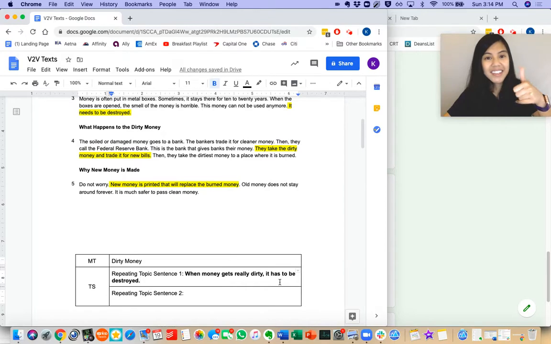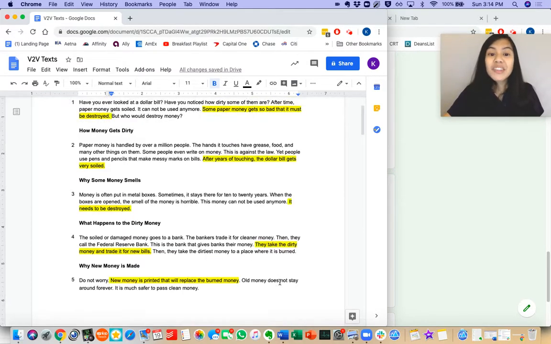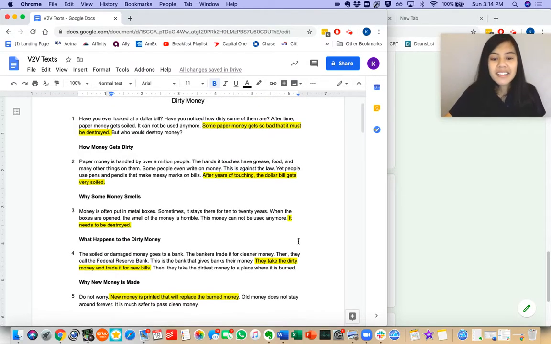Great. Remember that our TS box always includes 2 repeating topic sentences. Let's look at the rest of my topic sentences. They take the dirty money and trade it for new bills. And new money is printed that will replace the burned money.